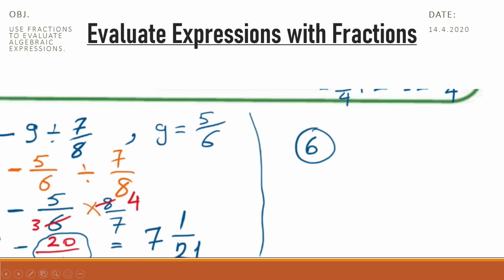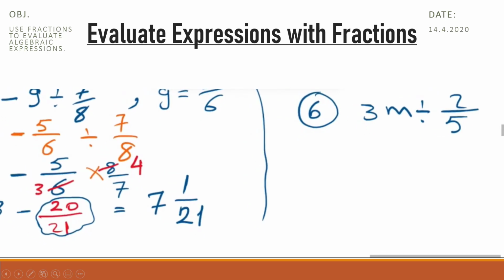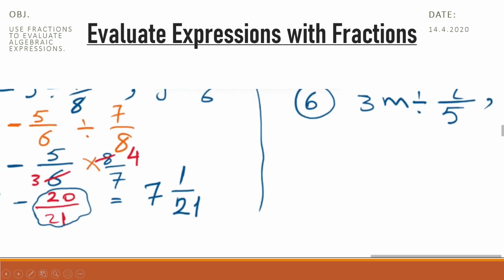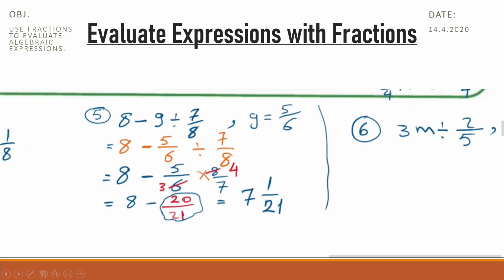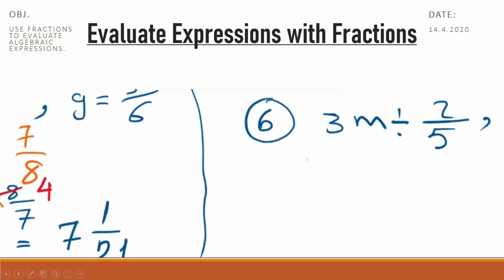In question number 6, we have 3m divided by 2/5, and we have the value of m is equal to 2/3. So substitute m is equal to 2/3. So it's 3 multiplied by 2/3, that's m, divided by 2/5.